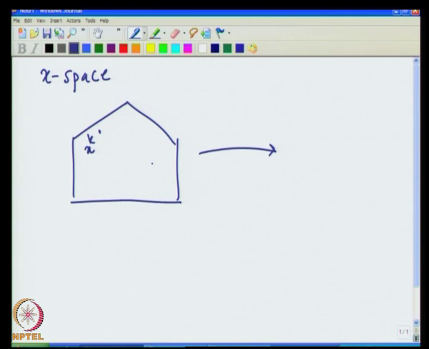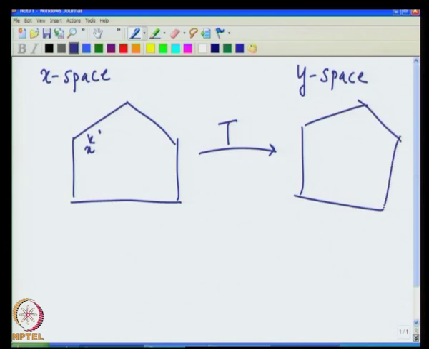In the last class, we discussed about affine scaling algorithm. So, the idea was that in the X space we had this constraint set, and the idea is to use some transformation T to transform this constraint set into Y space, so that the point x k gets mapped to a point y k which is close to the center of the feasible set.